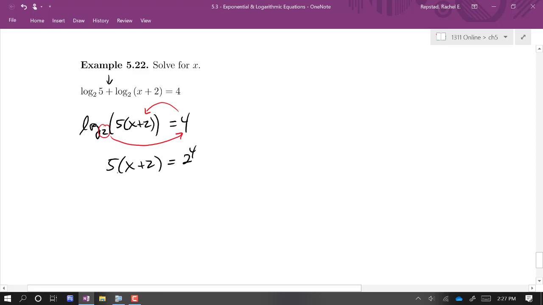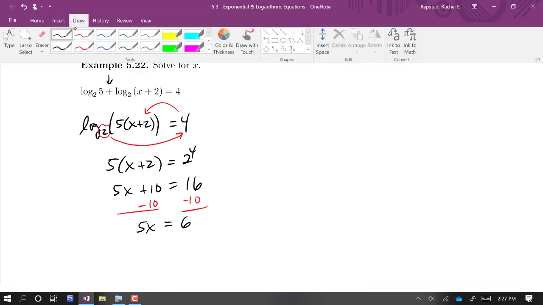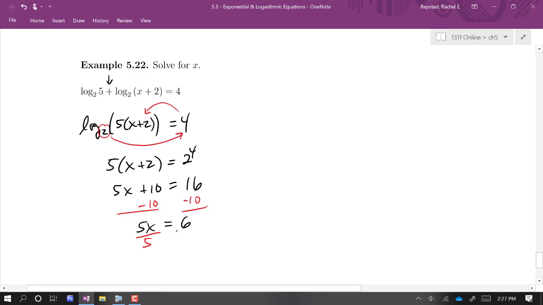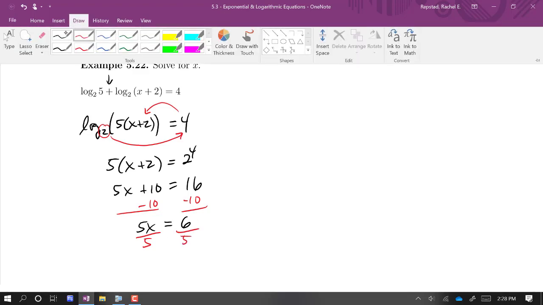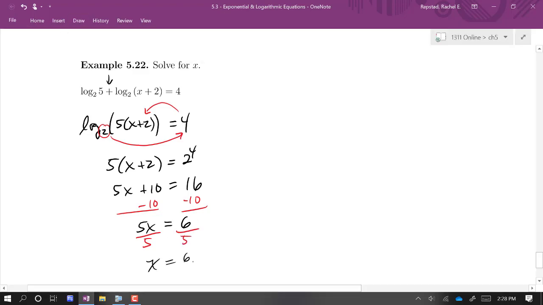So on the left I can distribute. I get 5x plus 10. 2 to the 4th is 16. We can subtract 10 from both sides. So 5x is equal to 6. And now we just divide by 5. We get x is 6/5.